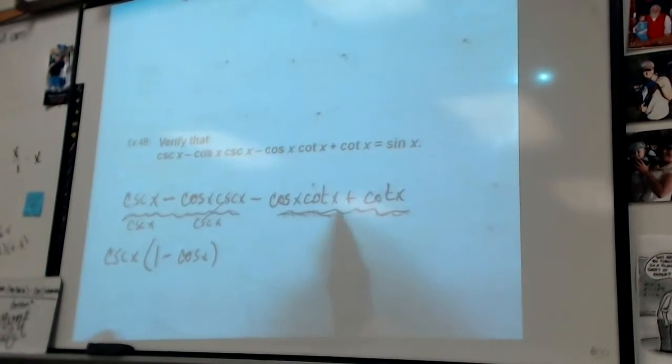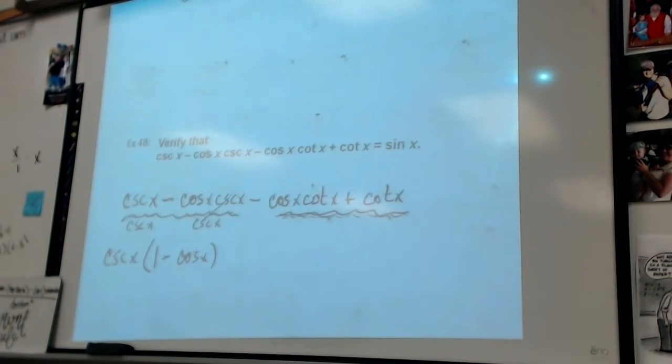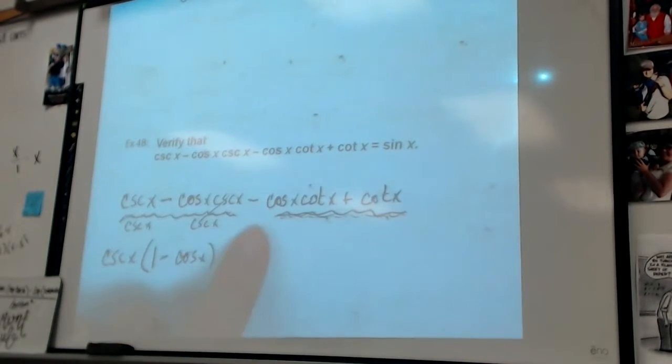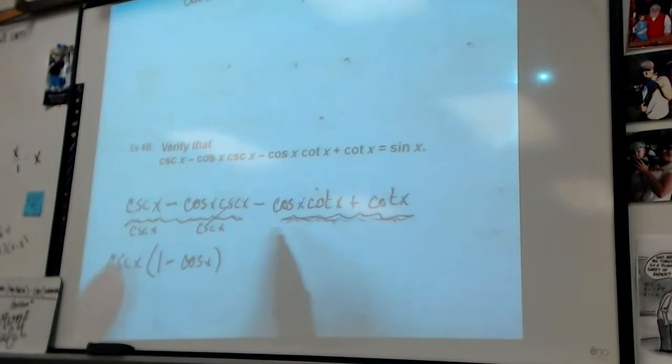Now, what do we have in common here? Cotangent. When I first started working this, I factored out a negative cotangent. Then when I got to the end, and I was trying to factor out a 1 minus cosine x, my signs were off. So on this one, you're going to need to factor out a positive cotangent, and you'll see why in just a minute.